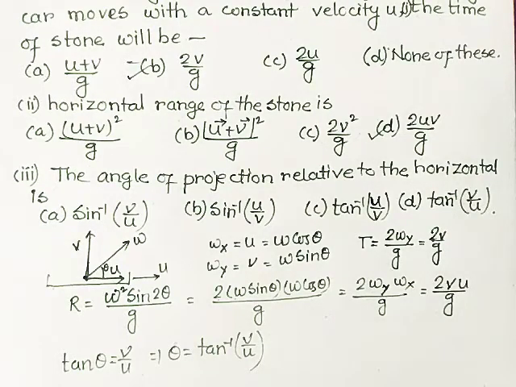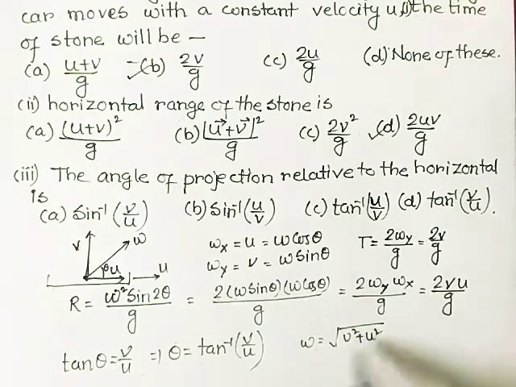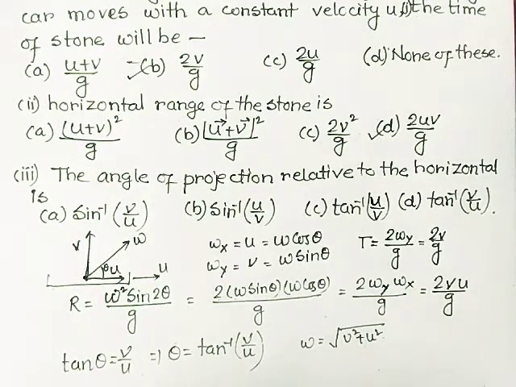We can say w equals root of v square plus u square, since v and u are perpendicular. The velocity of projection is v square plus u square plus 2vu cos 90 degrees, which is 0, because the angle between v and u is 90 degrees. So it is projected with velocity w at an angle tan inverse v by u with the horizontal. So these questions can be asked.